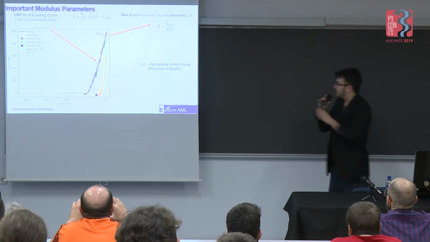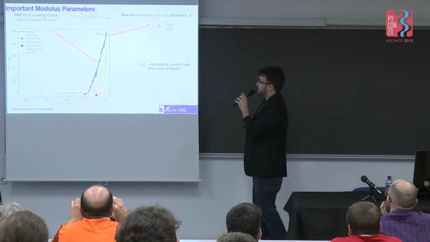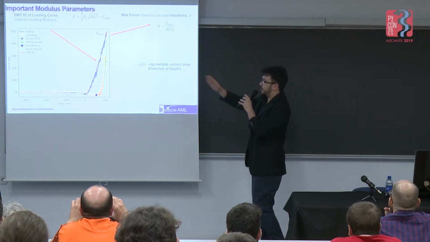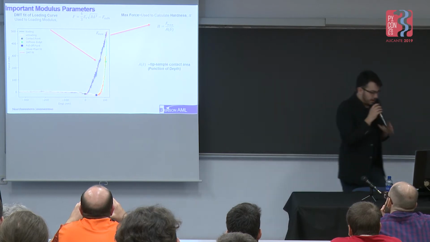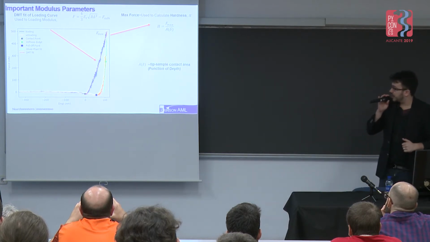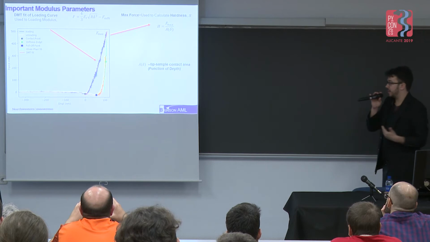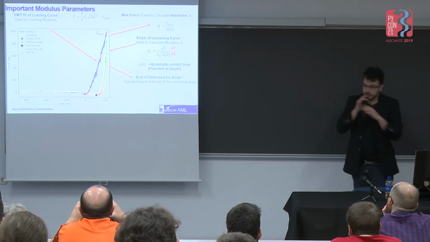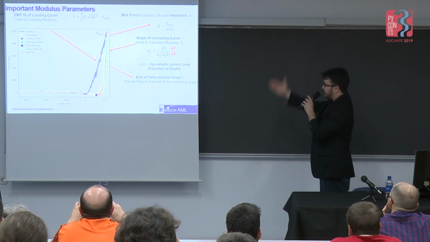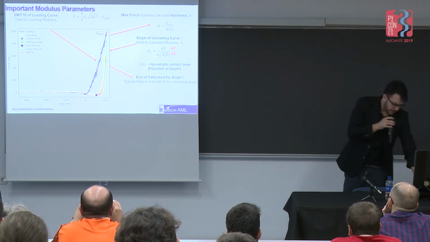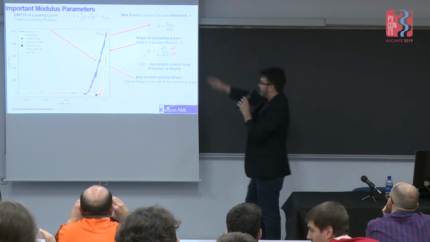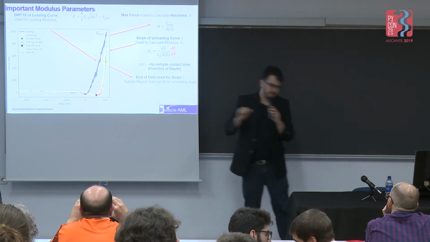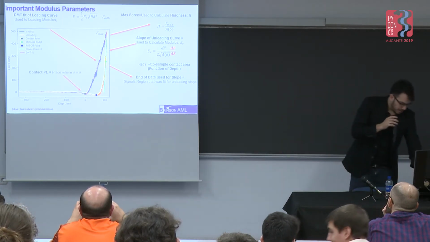I'd want to fit the loading curve to this contact mechanics equation at the top, and by having this fitting function, I can use that as a way to filter out bad curves if it doesn't fit the data that well. I also want the slope of the unloading curve. I can get mechanical property data from that, and I also want to know how much of the data it's actually sampling in order to get that slope as well.